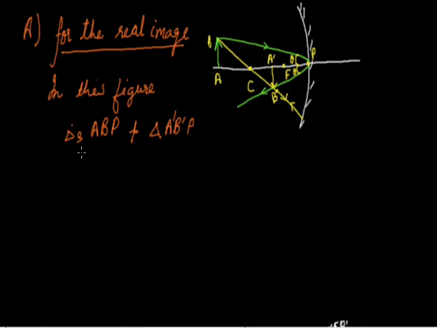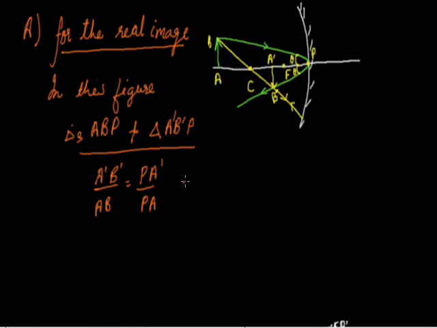So using their similarity, we can write A'B' upon AB is equal to PA' upon PA. You can clearly see here that A'B' is the size of the image and AB is the size of the object.